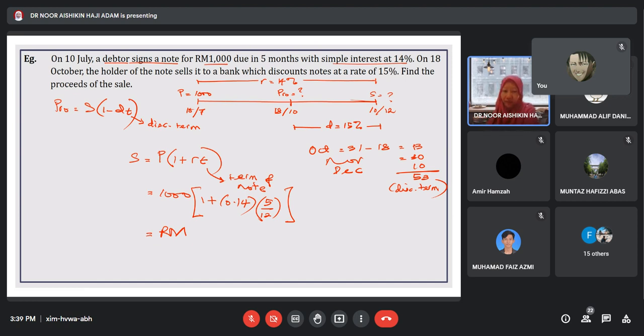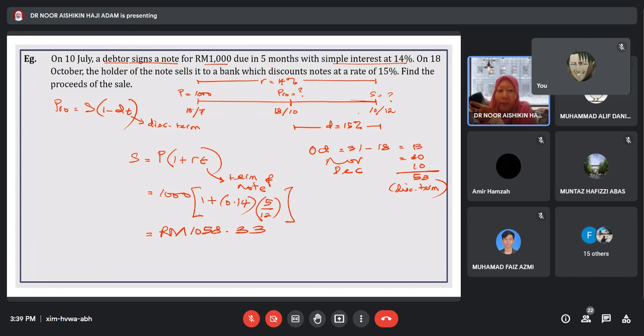S. $1,058. Okay. 0.14 times 5 divided by 12, 1058.33. So sepatutnya dia dapat daripada data tu sebanyak this amount lah. 1058.33. Kat sini. Ujung ni.